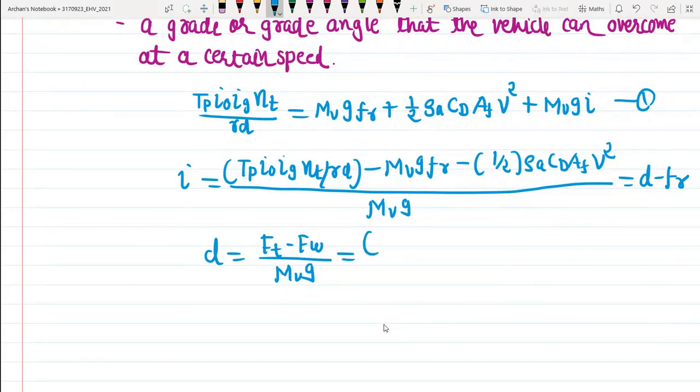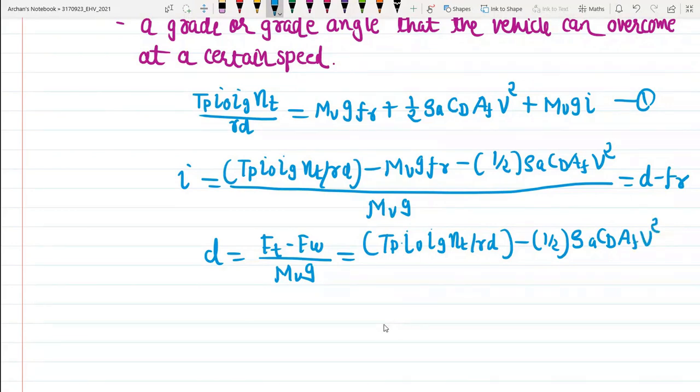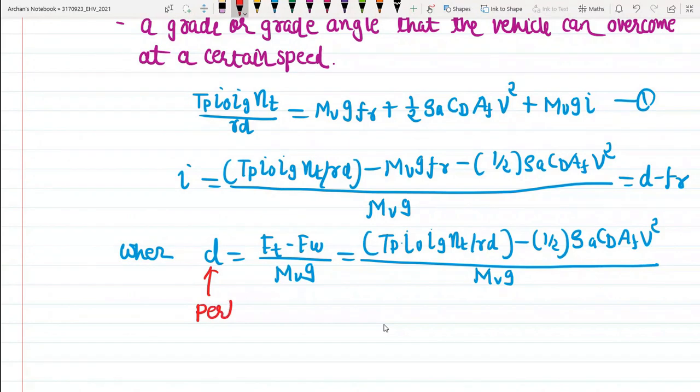So that is equal to Tp I0 Ig eta t by Rd minus 1 by 2 rho A Cd Af v square by m v g. This D is called the performance factor.